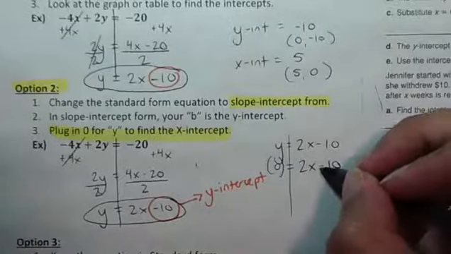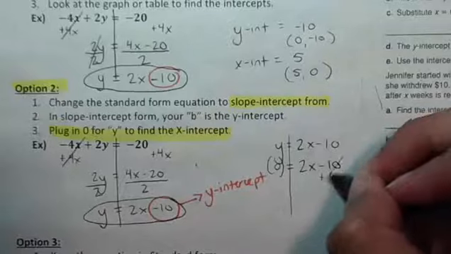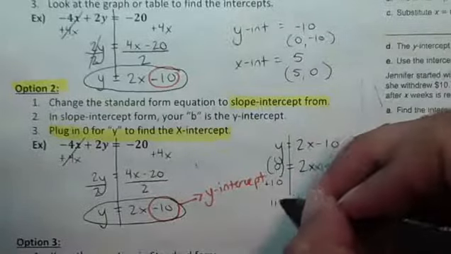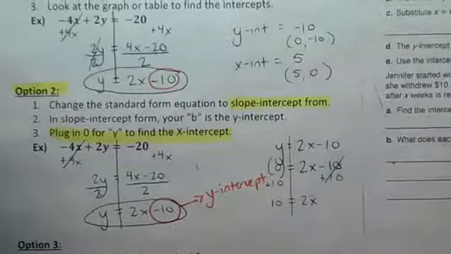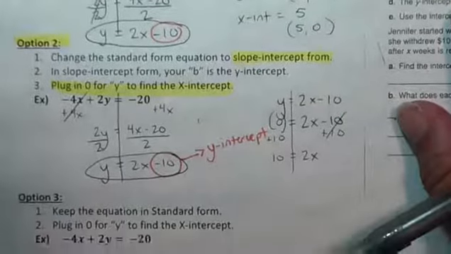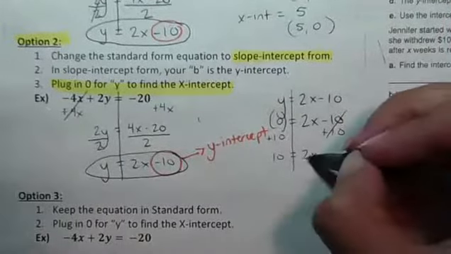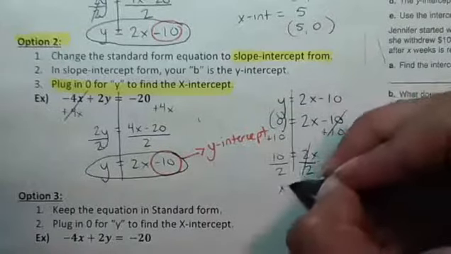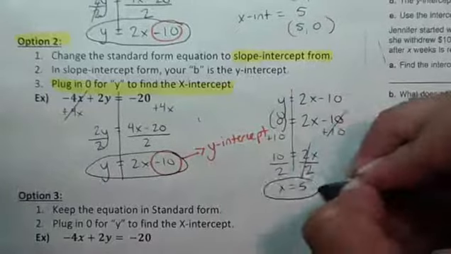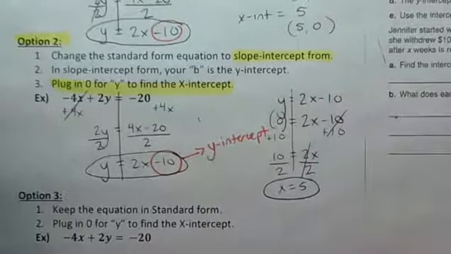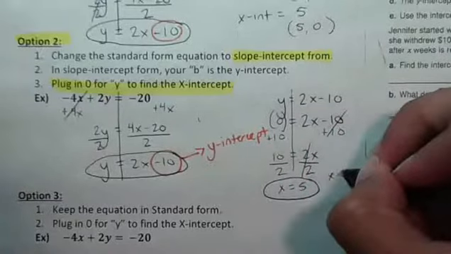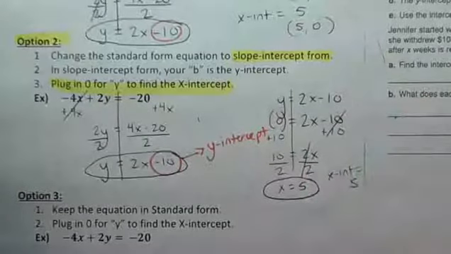I'm going to get this minus 10 on the other side, so I'm going to add 10 to both sides. So I end up having 10 is equal to 2x. And to get x by itself, I divide by the coefficient on both sides, so I end up getting x is equal to 5, which would be my x-intercept. So the x-intercept here is 5.